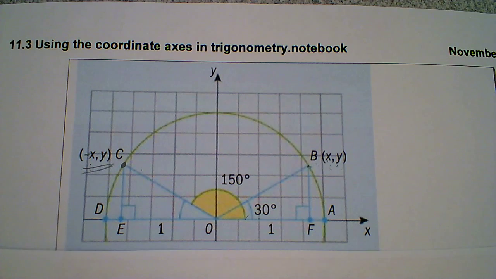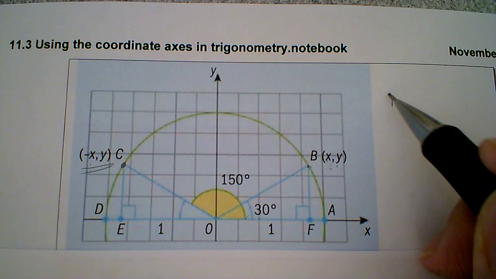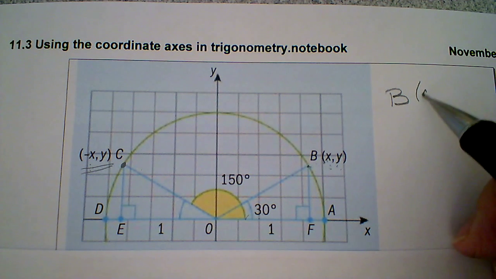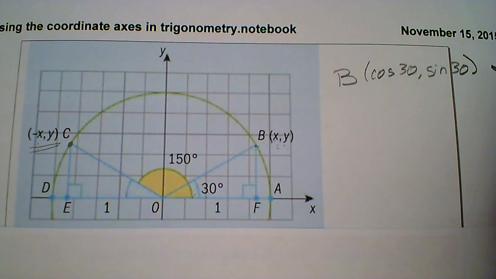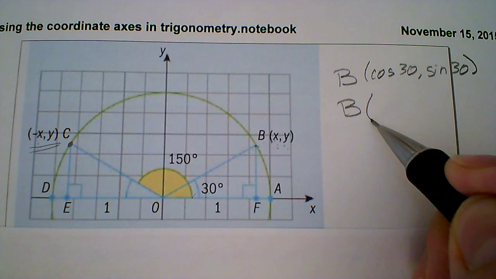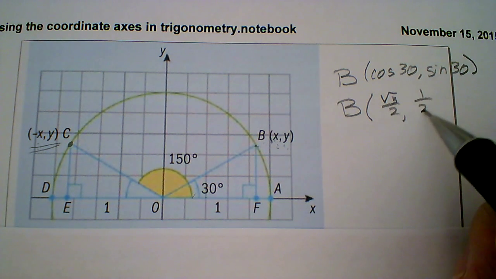So what does that really look like? We've said before that the coordinates of B are the cosine of theta, cosine of 30, sine of 30, which we found to be, in a previous example, the square root of 3 over 2, 1/2.